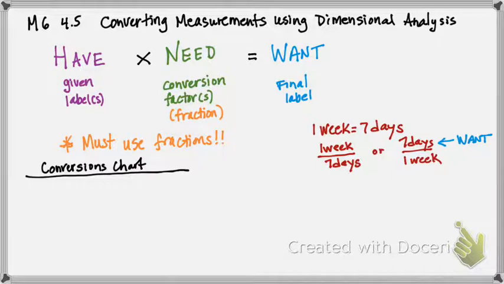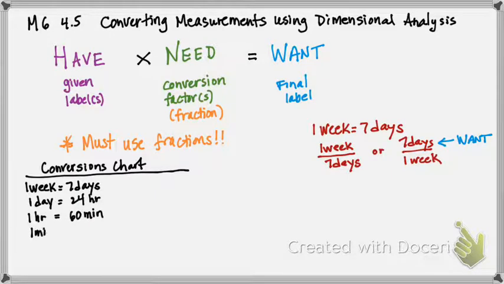Okay, so the one we just wrote, 1 week equals 7 days. 1 day is the same as 24 hours. 1 hour is the same as 60 minutes. 1 minute is the same as 60 seconds.